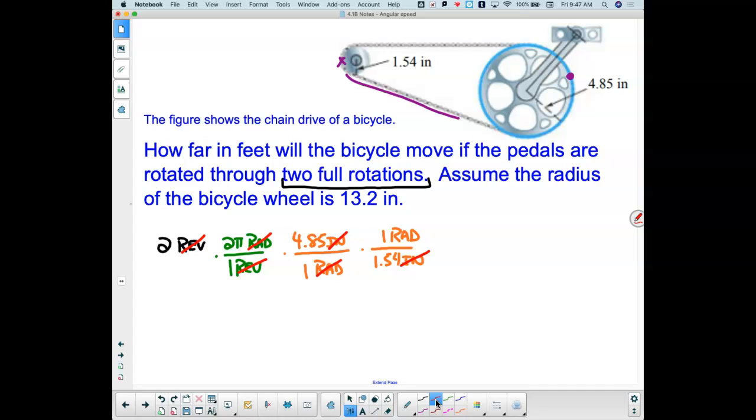Why 13.2 inches over 1 radian again? Because what you just got is the same angular speed as the wheel, yep. And then you multiply it to go up to rotational. So now I'm in how many inches that the wheel went around, right? Linear distance, that if I was a point on the wheel, how many inches I went around. But I wanted my answer in feet.